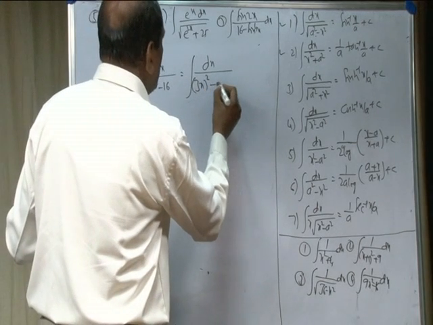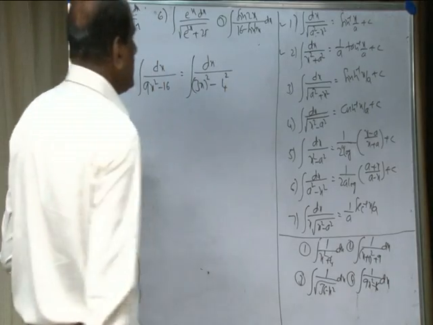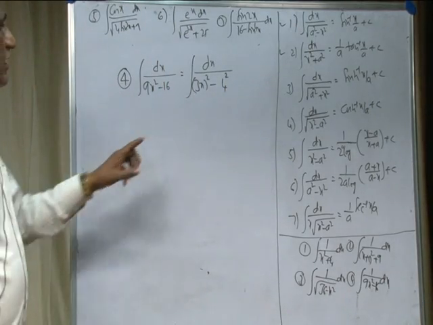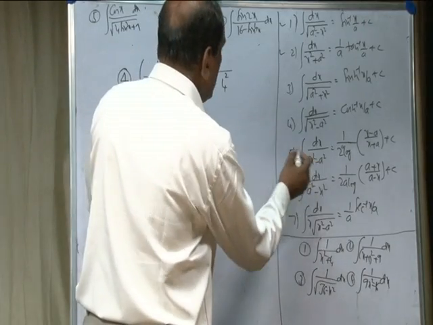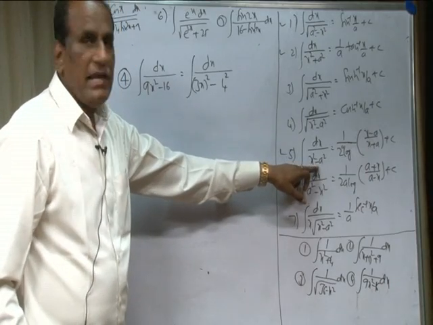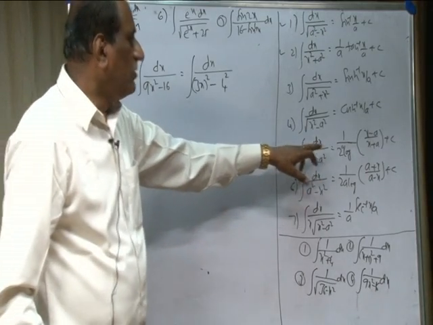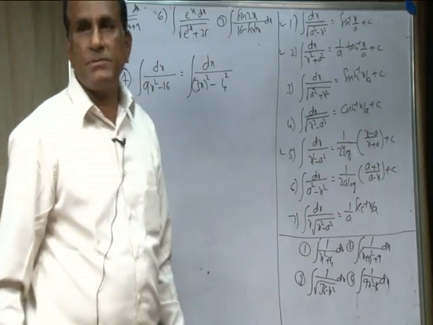Minus 16: how to write 16 in terms of a perfect square? That is 4 square is 16. Now, this is exactly in the form of x square minus a square, the fifth standard result, that is dx by x square minus a square is equal to 1 by 2a log of (x minus a) by (x plus a).